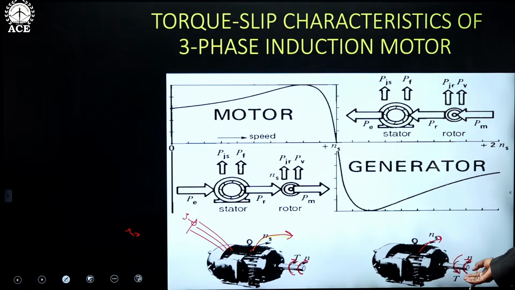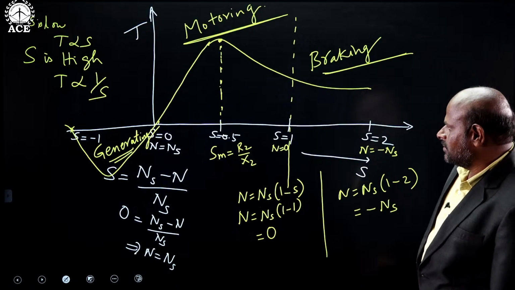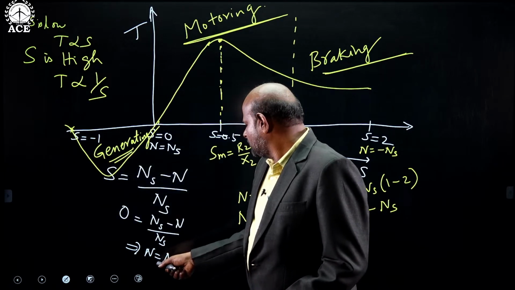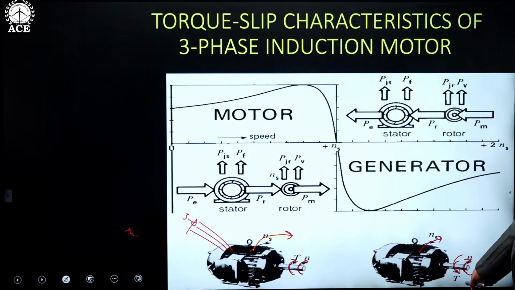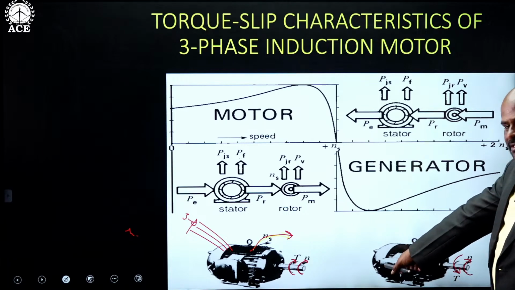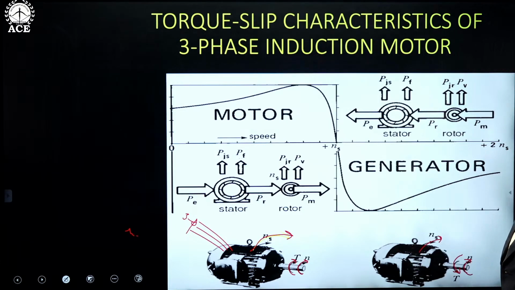Some mechanical source is acting here to oppose the relative speed between ns and n. So whenever the relative speed ns minus n becomes negative, when the slip becomes negative, we get this condition. The torque opposes, and as the torque is moving in the opposite direction, EMF will be induced in the stator conductors. That's why this will act as a generator.